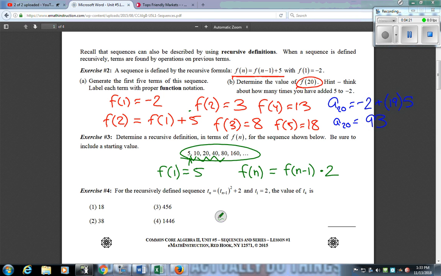Now, exercise 4 is a multiple choice question. It says they want us to square the last number and then add 2 to it. So we'd start with the first term. To get the second term, I would do 2 squared plus 2, which means the second term is going to be 6.